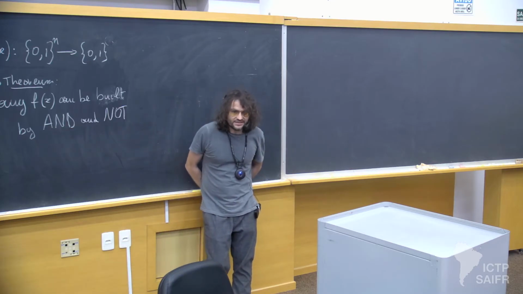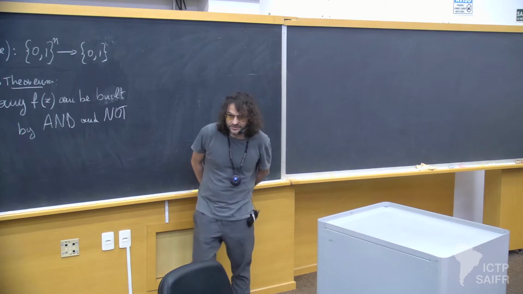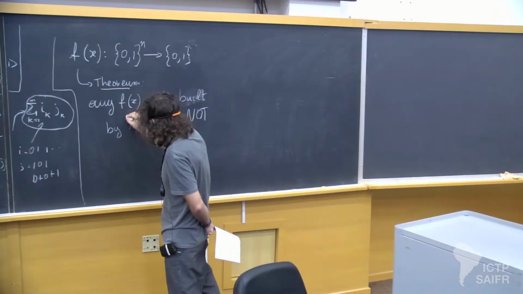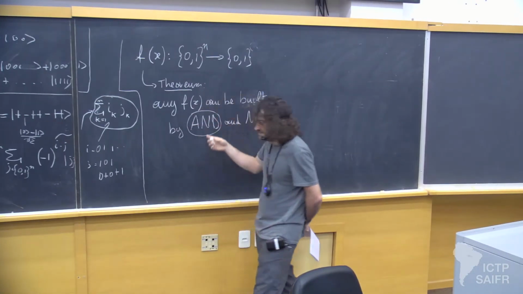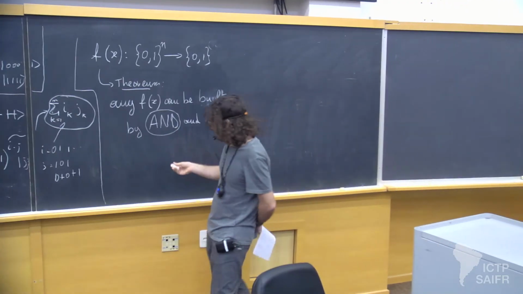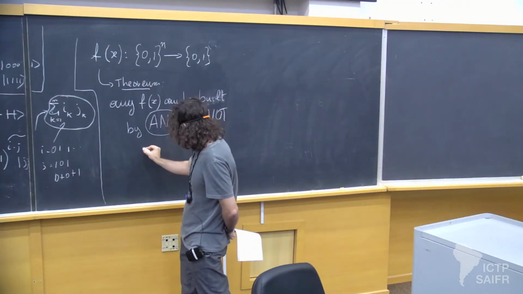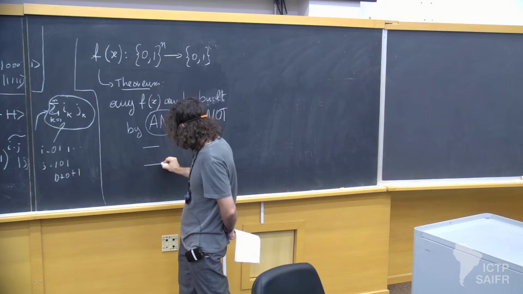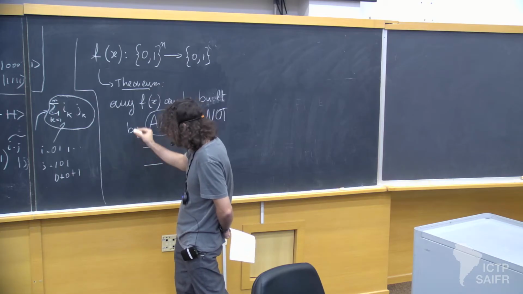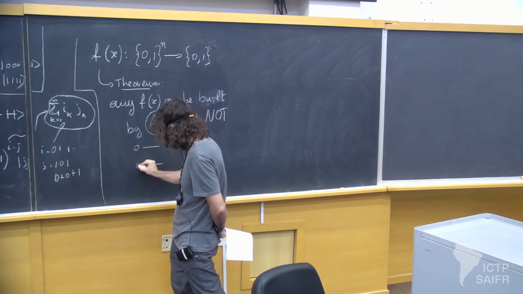Now, the NOT gate is essentially trivial, right? We already have the NOT gate: we have the X. So now our purpose is to build the AND gate. You remember, let's avoid the ket notation because we are talking about classical things.